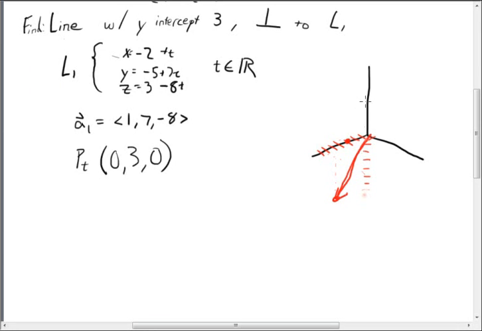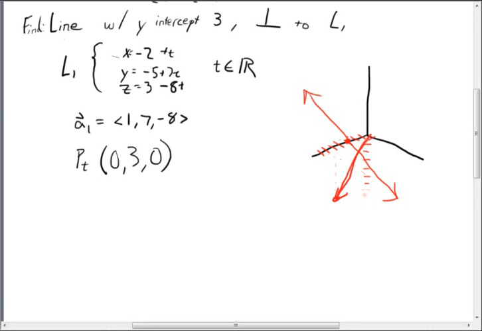So we need to find the line parallel to that vector, which we'll call L2. And how do we find a perpendicular vector?